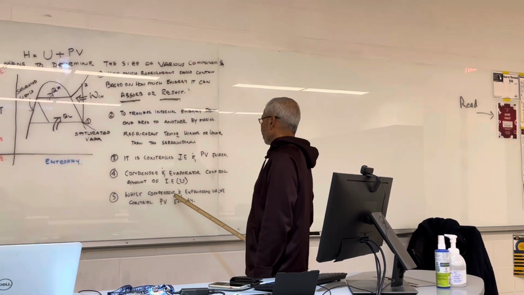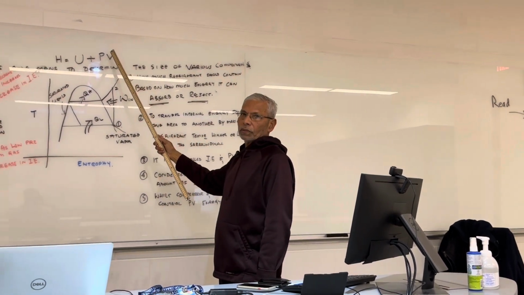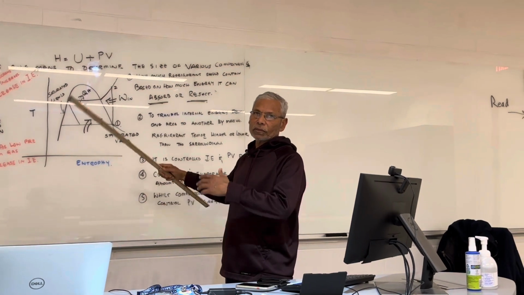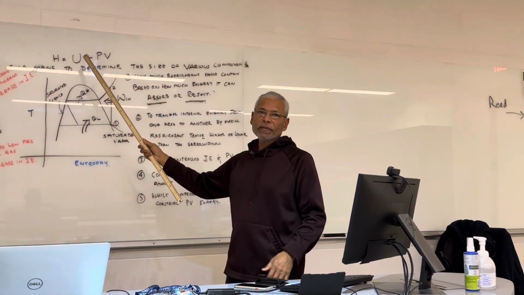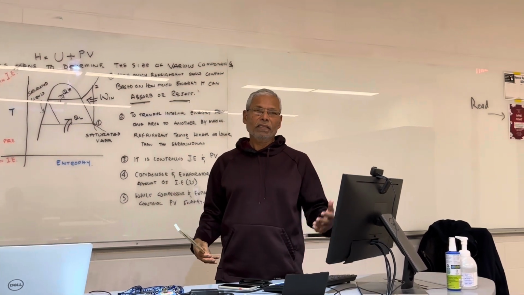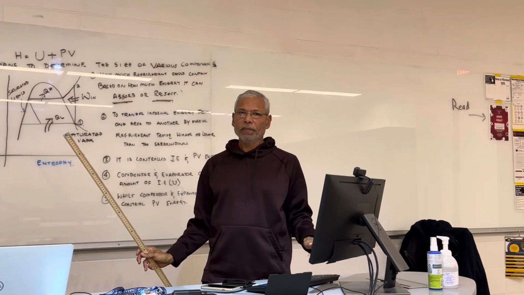While the compressor and expansion valve control the PV energy. So in one area pressure goes down, in the other area pressure goes up, and that's how you are manipulating this equation and using it to your advantage. That means you're taking the heat from the room and dumping it outside. It's as simple as that.